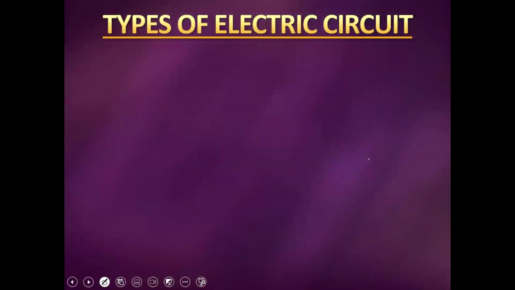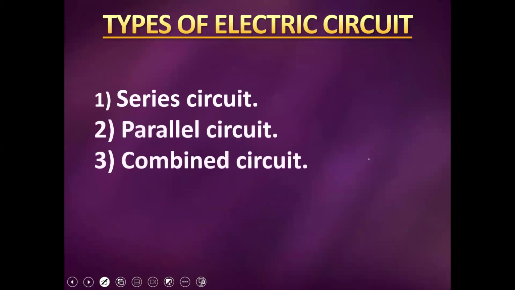This is the idea. So types of electrical circuit: these are the combinations: series circuit, parallel circuit, and combined circuits. Resistors are combined to reach a target value. So after giving the heading, you have to copy this list.